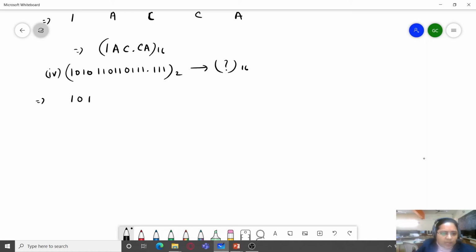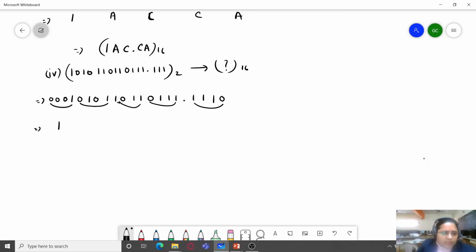So we will have to add a trailing 0 there. And we can see that we are short of 3 zeros, so we will add the 3 zeros here and complete the group. And here we will add a trailing 0.